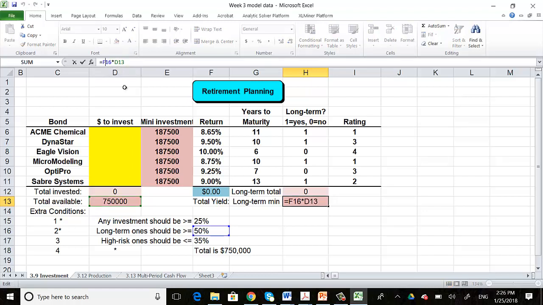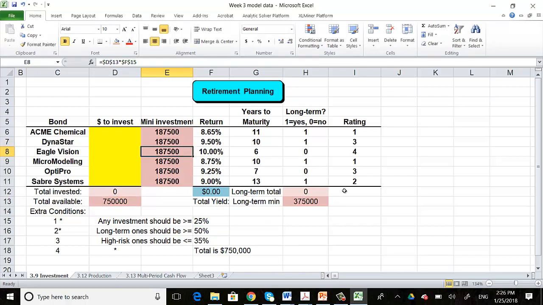That's the 50% of 750,000. The minimum investment, Dr. Chen? You mean this one? Yep. Oh, it's the same. They are all the same. So 750 times the 25%. Okay.